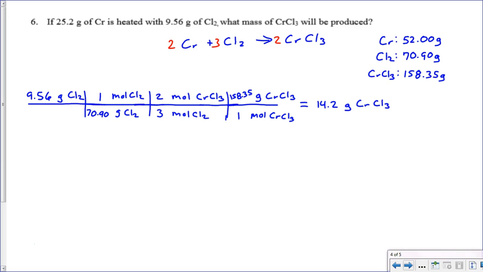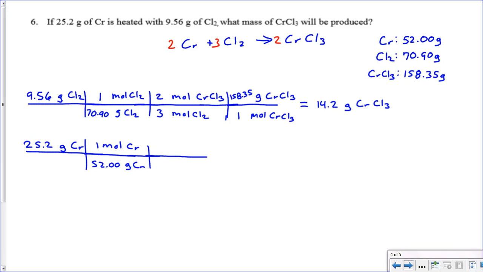All right, but we need to do it again now. We need to do it starting with 25.2 grams of chromium. So we start here, 25.2 grams of chromium. And then we need to go from grams of chromium, so we know there's 52.00 grams of chromium in 1 mole of chromium.